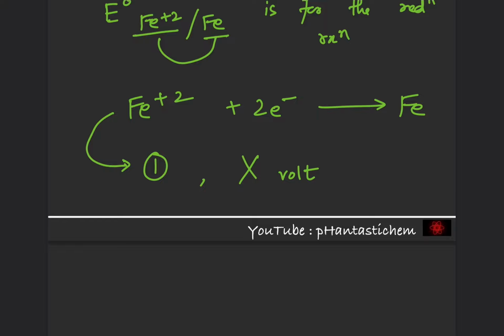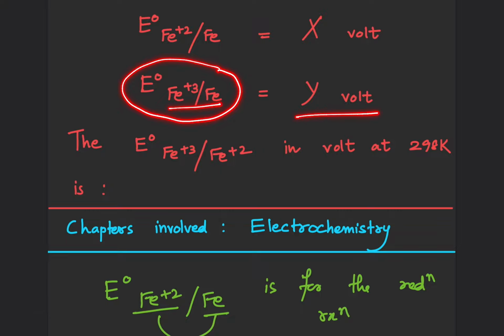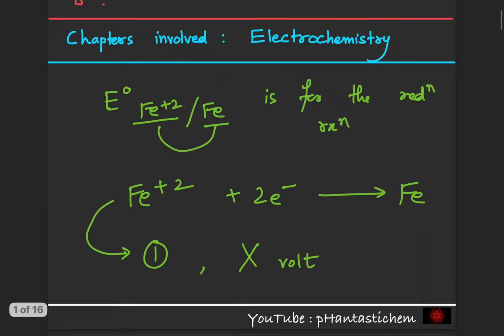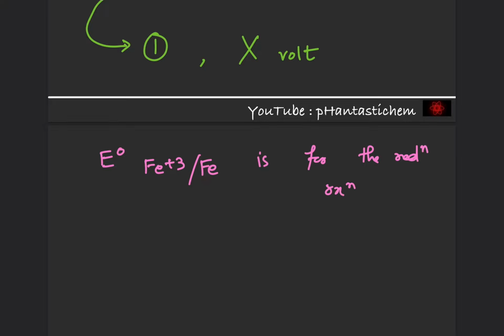Okay, cool. Then they have given us one more thing. Can you see? They have given us the E naught value of Fe+3 to Fe, which is y volt, the standard electrode potential. So this is for the reduction reaction. Again, Fe+3 is becoming Fe, which is possible only when it gains electrons.